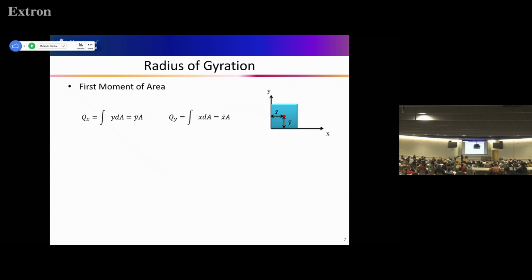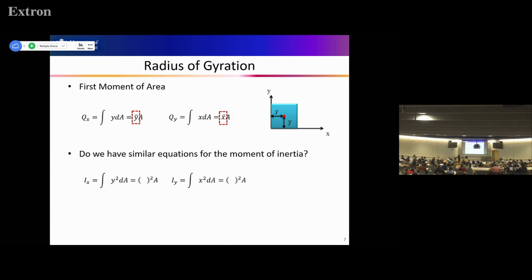Another important concept is the radius of gyration. The motivation to define the radius of gyration is this. The first moment of area is area times moment arm, y bar or x bar times A for Qi, right? Is there any similar equation for moment of inertia as well? That is the motivation to define the radius of gyration.